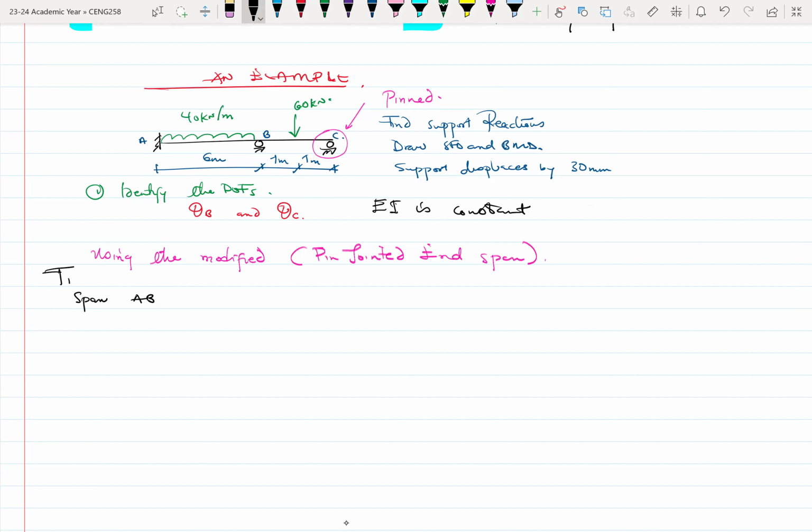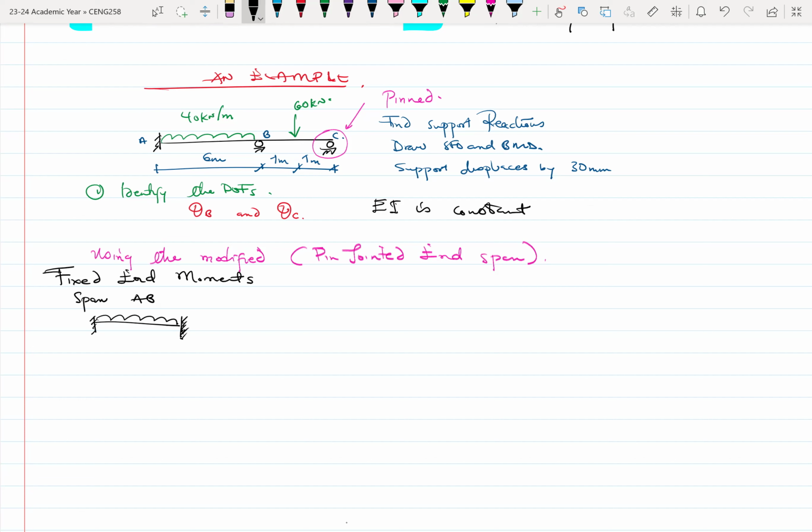Our fixed end moment for span AB remains the same because support A is fixed, and since support B is an internal support, it behaves as though it's also fixed. So you can use that analogy here. Then we have our UDL, and we can easily determine the fixed end moment, basically the same thing as we had earlier.